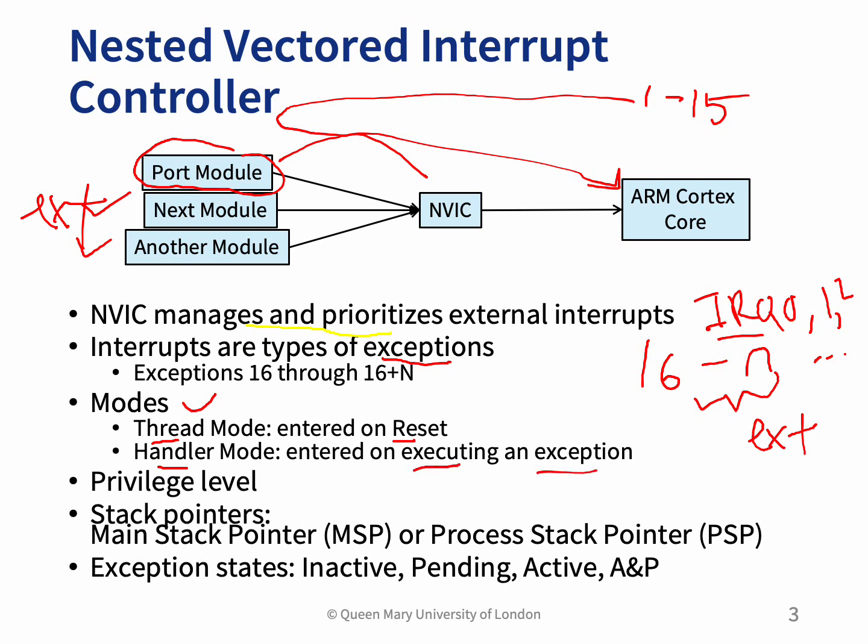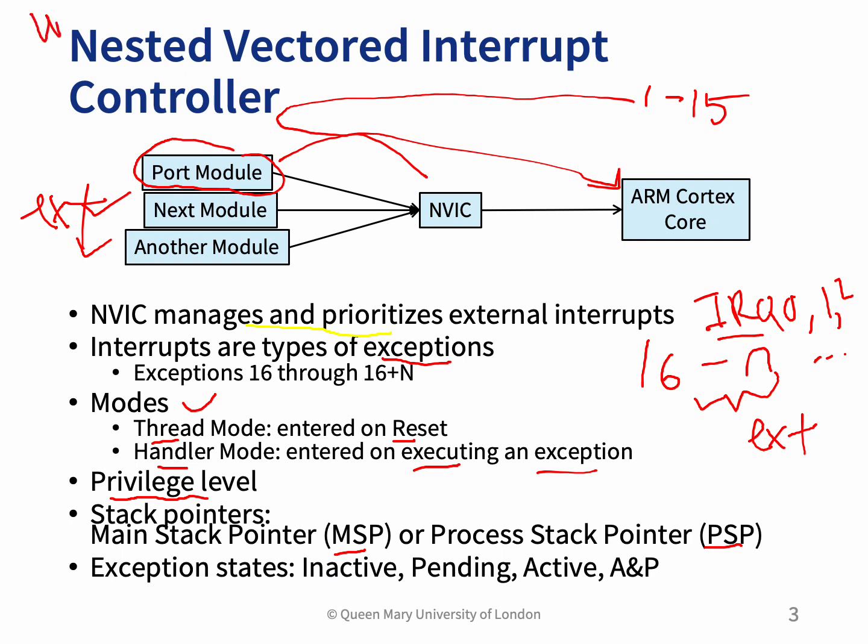This is where we will have the ISR, interrupt service routine, to initiate the response of the interrupt. Of course, it runs based on the different privilege levels. In terms of the stack pointer to deal with this, it's the same as what you have learned so far, MSP and PSP. Okay, so how does this NVIC work?